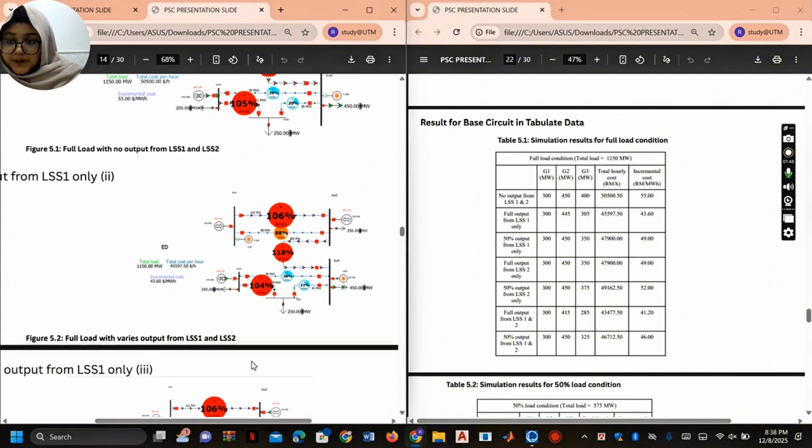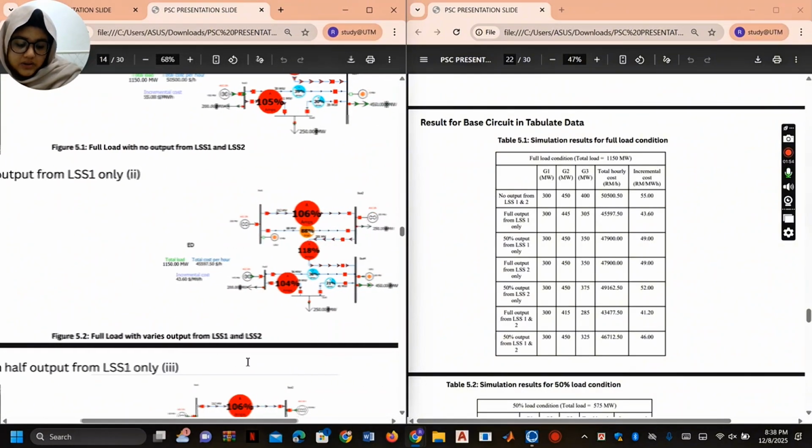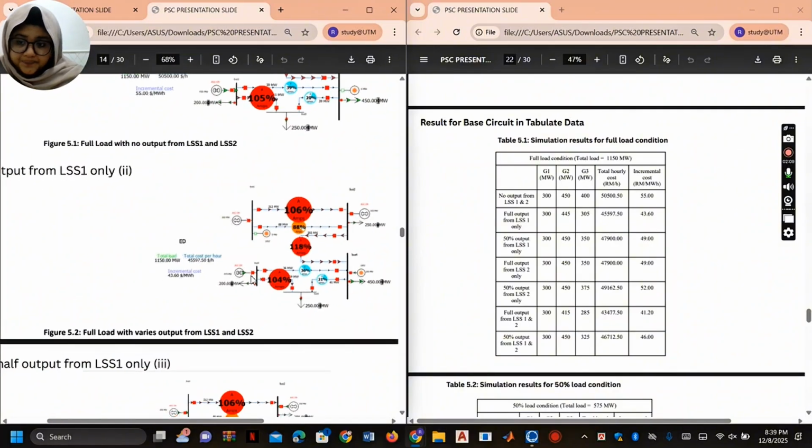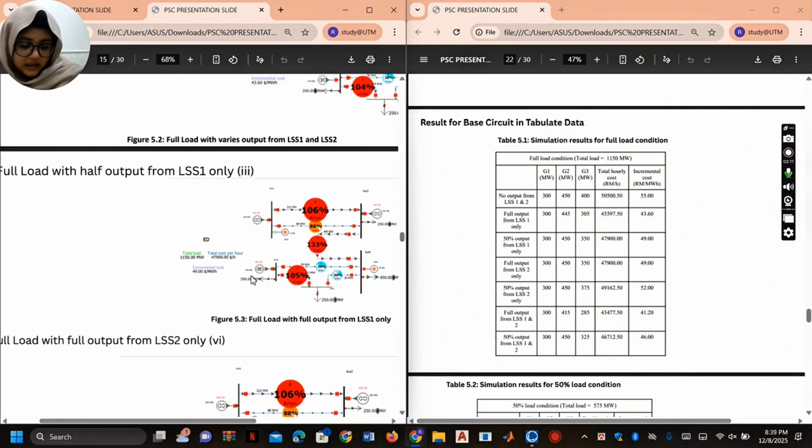Now comes G. Here LSS1 supplies 100 MW directly to the system, so G3 is reduced to 305 and cost drops, and economic dispatch reduces the most expensive generator first, proving solar directly replaced the thermal generator.